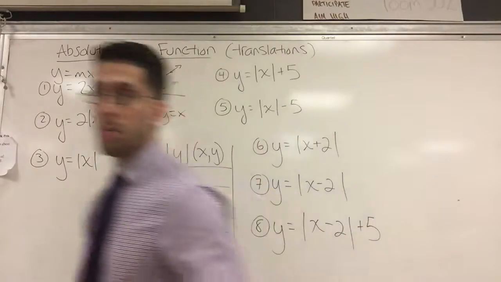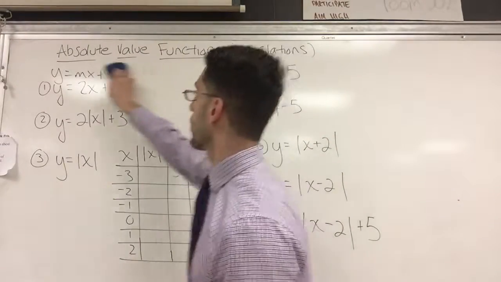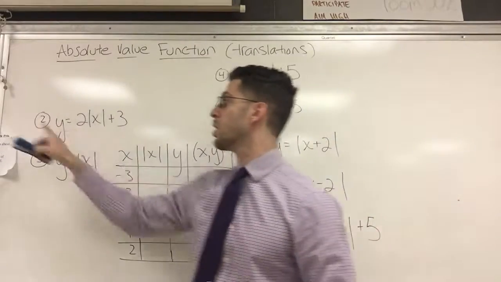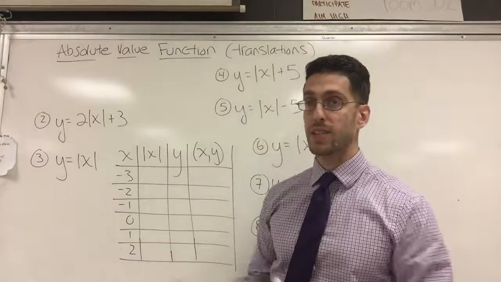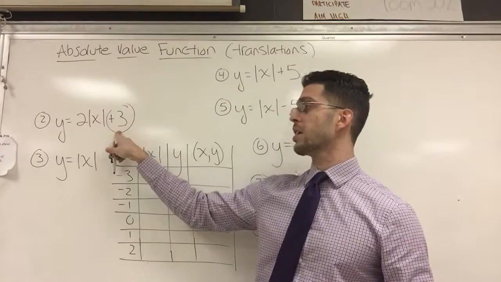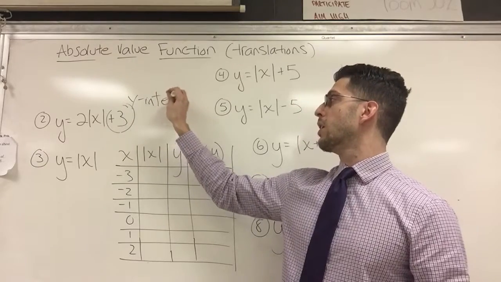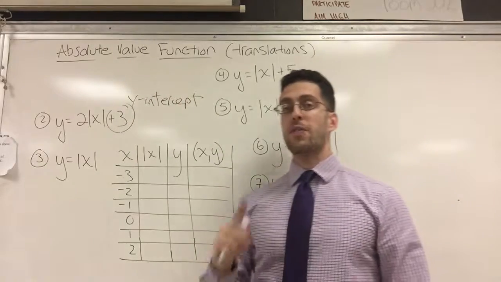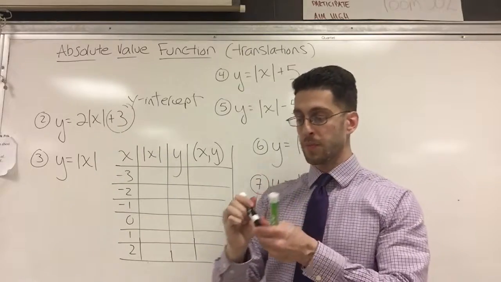All right, now what about the next one, number 2? What is your y-intercept in number 2? Is this even a linear function anymore? No, but it doesn't matter. This is still the y-intercept. So your graph is going to cross the y-axis at 3.